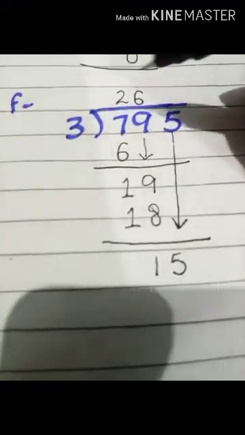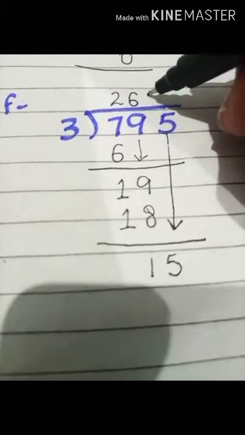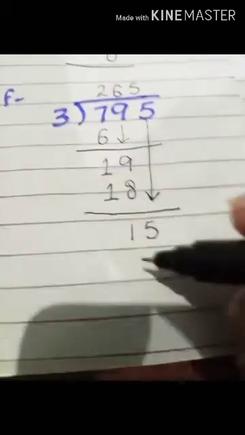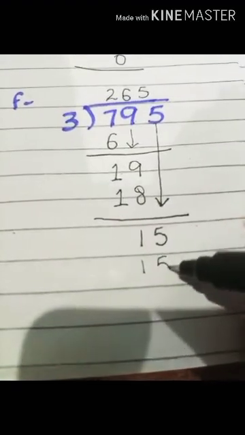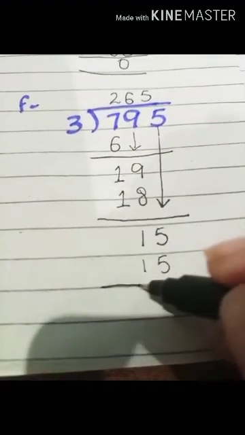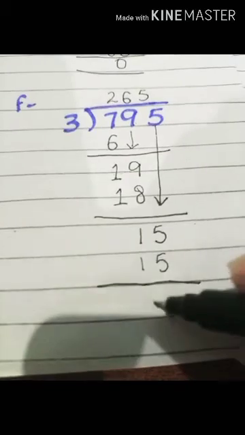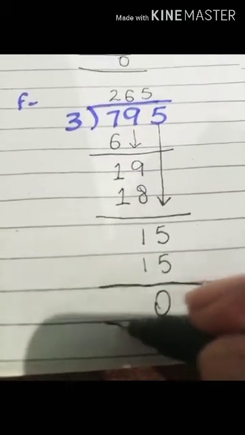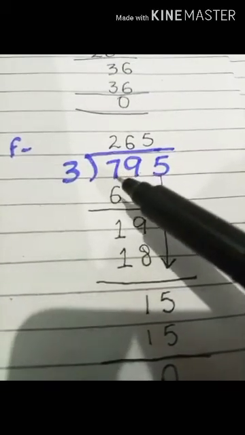Now students, 3 5s are 15, and we are going to subtract it further. 15 minus 15 is 0 remainder. So we have completed our division of dividend 795 by our divisor 3.